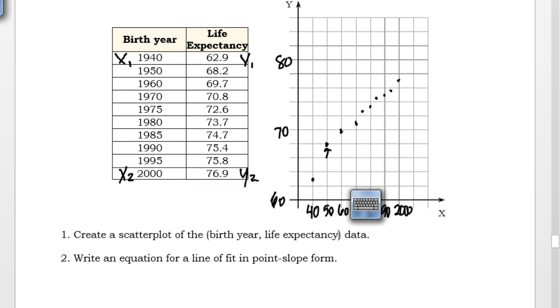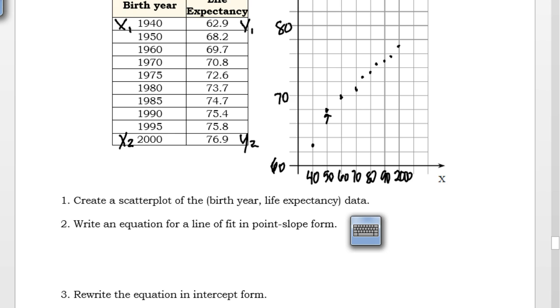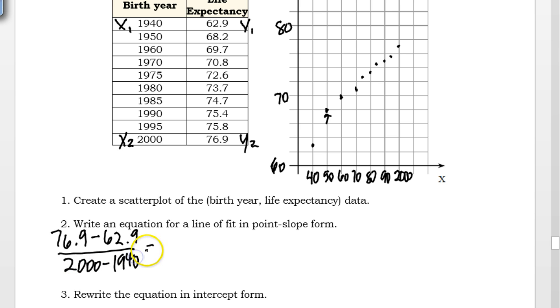Now I want to use those data points to calculate the slope, and after I have the slope, I can write an equation for a line in point-slope form. So slope is y2 minus y1 on the numerator, and x2 minus x1 in the denominator.